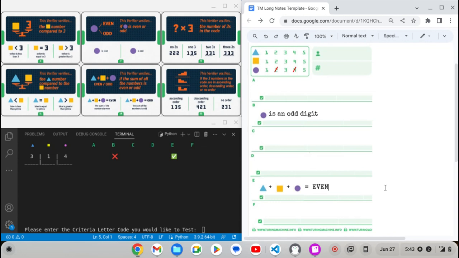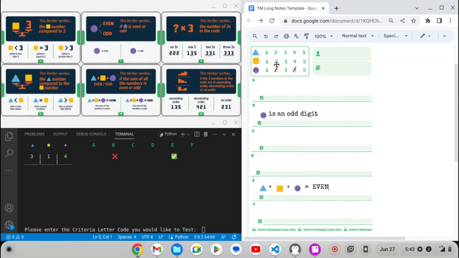And because it is even, it does tell us something about triangle and square. So since the overall sum is even, notice that we already established that circle had to be odd. So that means that among triangle or square, one of them has to be an odd.